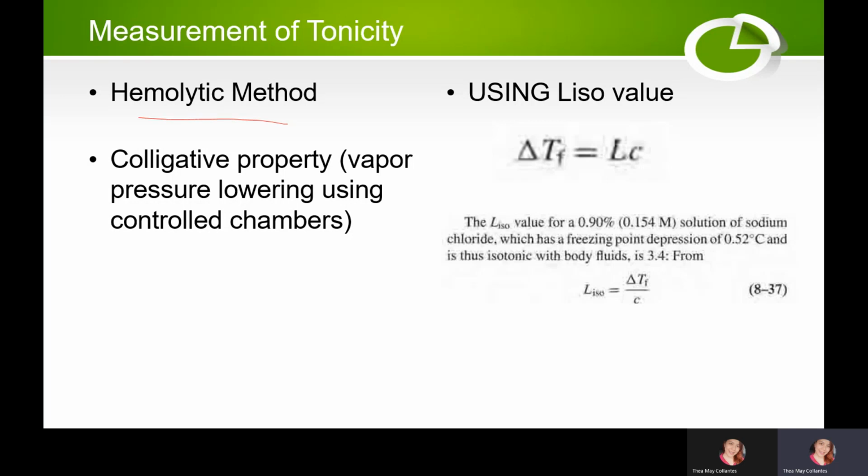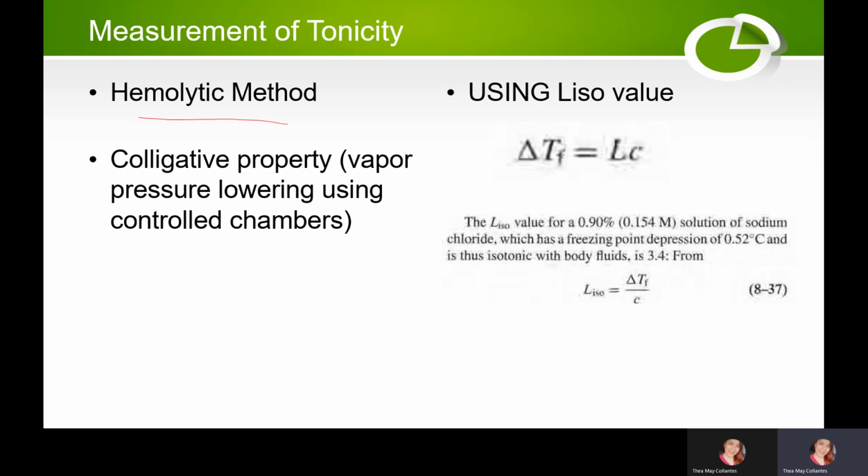Or not. Next, we also have the colligative property, in which we use the vapor pressure lowering using controlled chambers. So here, after they recovered from trial and error, they used a more systematic way to measure if our solution is hypotonic or isotonic. So it's controlled in your lab.